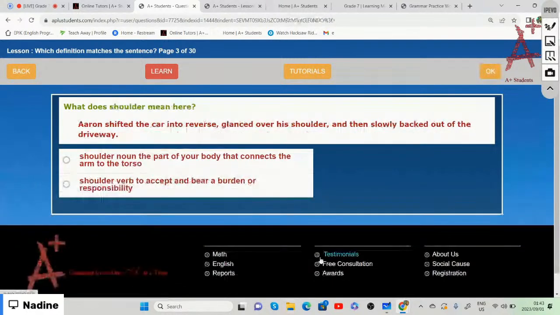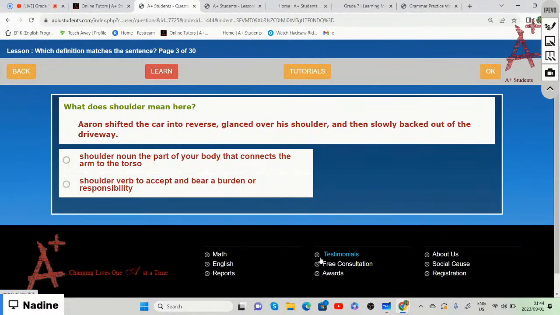And then we have, what does shoulder mean here? Aaron shifted the car into reverse, glanced over his shoulder, and then slowly backed out of the driveway. So what does shoulder mean? Shoulder is a noun, the part of your body that connects the arms to the torso.